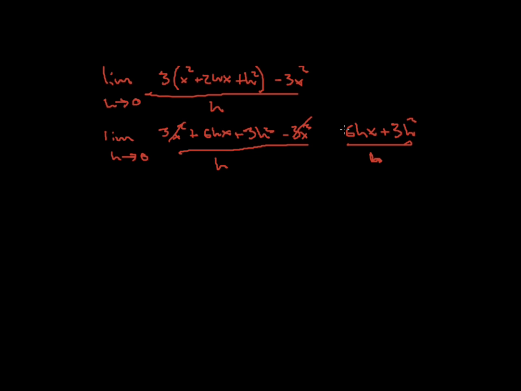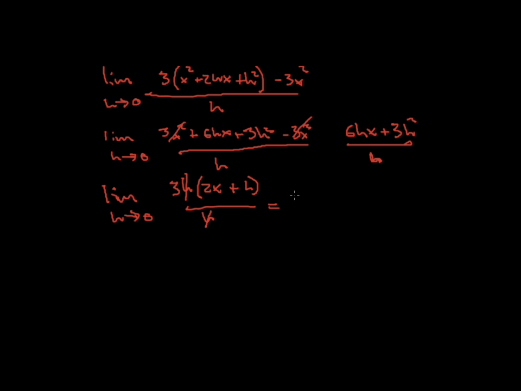And so we see that if we took a 3h out of this, then we could technically cross out these h's. So if we set the limit as h approaches 0 of 3h, and then right here would be 2x plus h, we can cancel these h's.